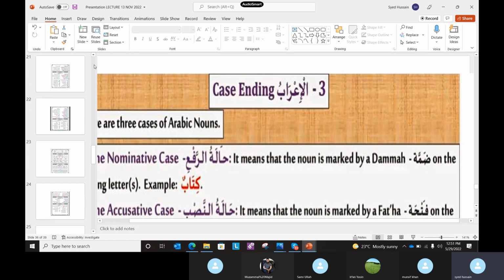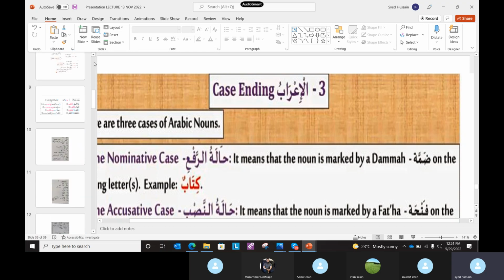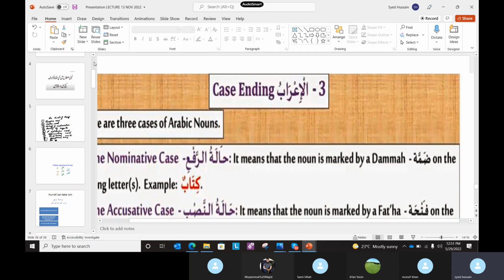We have to understand that it's very simple actually. I mean, what I have taught you today is not rocket science. We are using it every day in our language. It's only the vocabulary that is weak right now, inshallah it will improve.